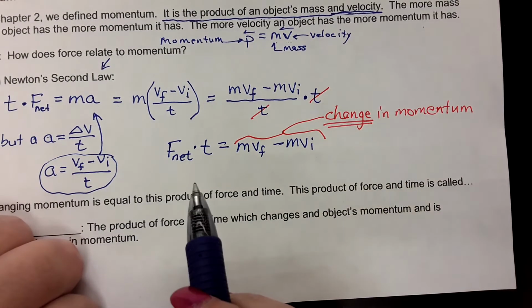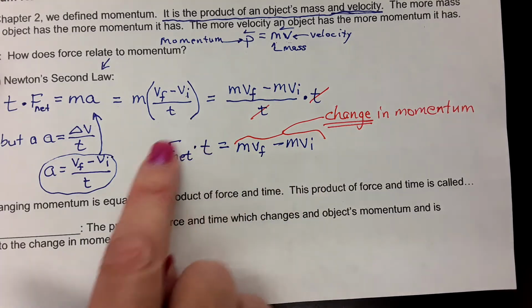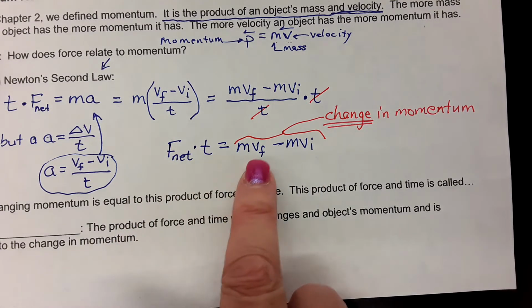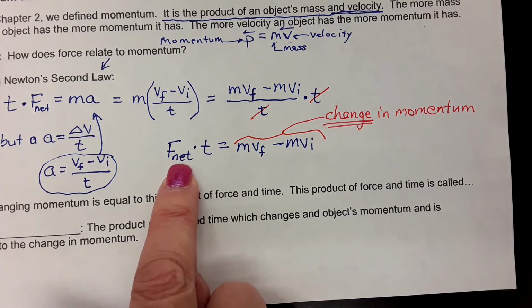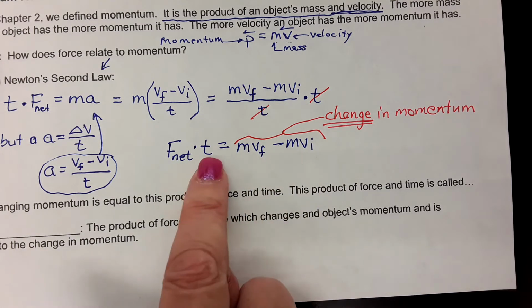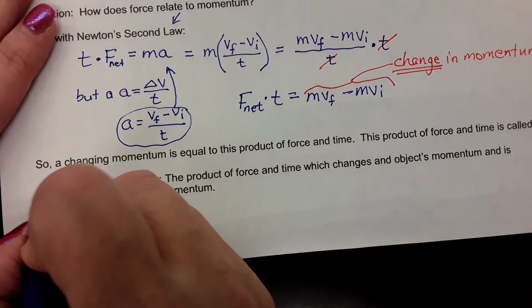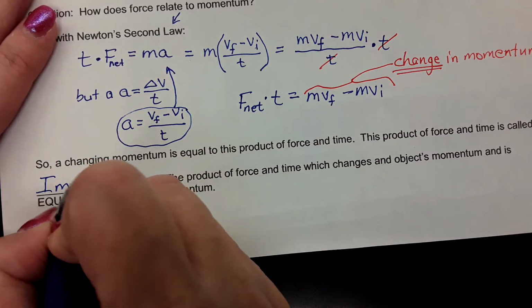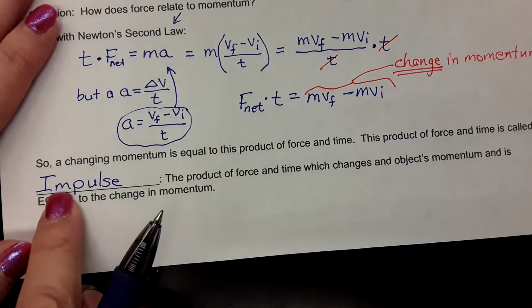All right, but if this is a change in momentum, what is this thing right here? The change in momentum is equal to the force that causes the momentum to change times the time period in which it acts. This product of force times time actually has a name. It's called impulse. Okay? Impulse.